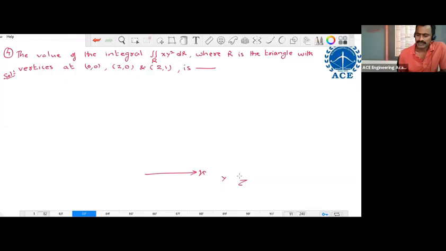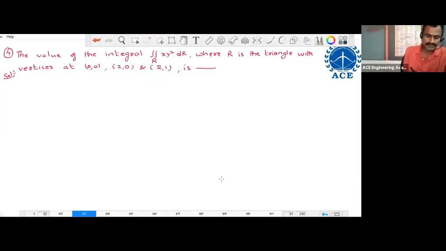Here, for the given integral, we are given the region of integration, not the limits. Whenever the region of integration is given, we draw the diagram from it, and from the diagram we find the limits so that we can evaluate the integral. You will find this type of problem in vector integration, one of the subtopics of vector calculus, right?